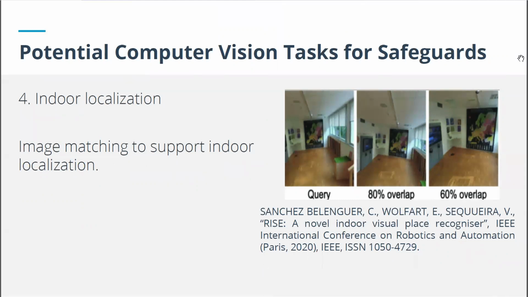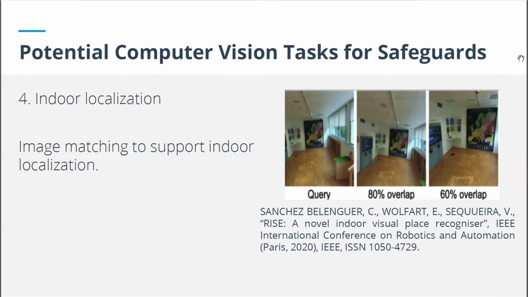There are some folks in Italy working on indoor localization using computer vision. Imagine you're a safeguards inspector going to a nuclear facility you've never been to before. Maybe it's got a complicated layout, you're jet lagged, they're taking you in circles all over the place, and you can't remember where you've been or where you're going, but you need to make sure you're in the right room to do a specific activity.